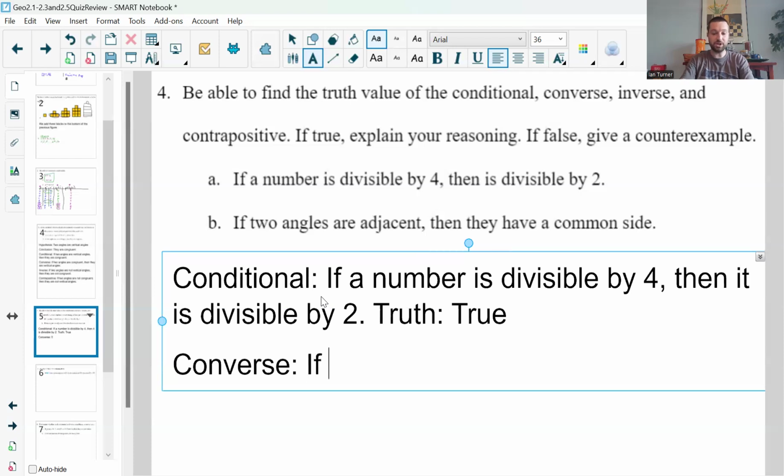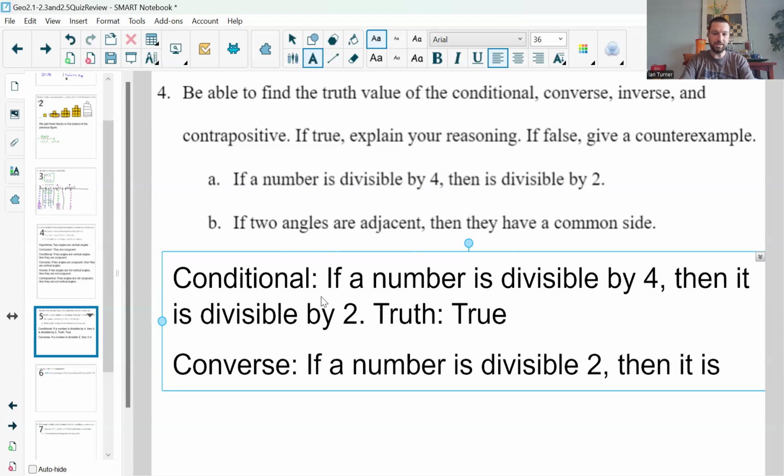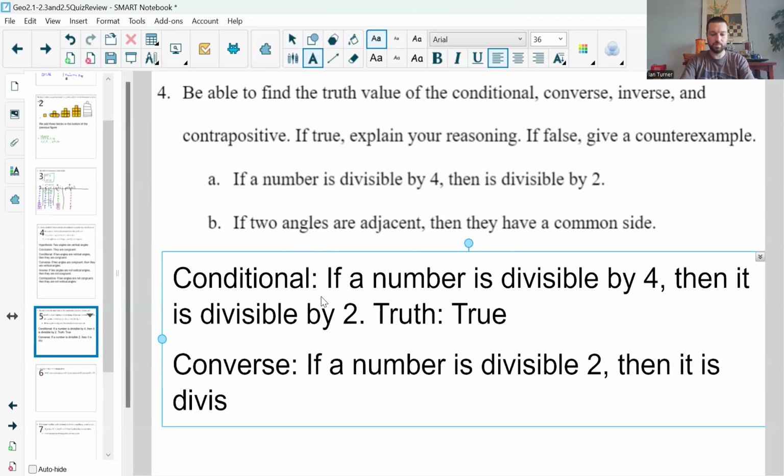That should work out. Now our converse, flip the hypothesis and the conclusion. We keep the same subject. If a number is divisible by 2, then it is divisible by 4. What do you think the truth value is this time? Sounds pretty quiet out there.